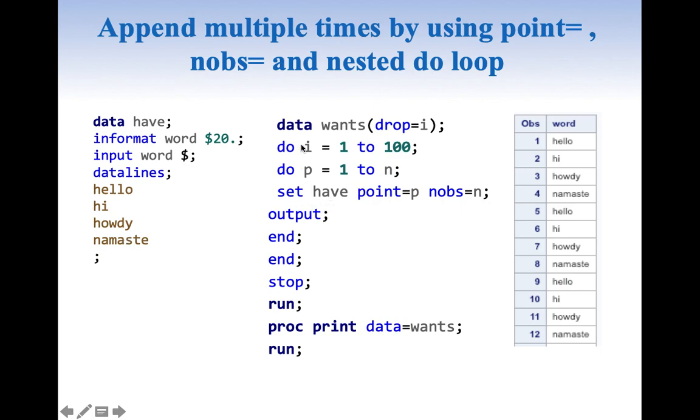It goes back to the outer loop and starts the second iteration, and then it appends 4 more records, and it goes on and on till the 100th iteration, and it outputs and appends all the data. You can see here the proc print of the partial result.